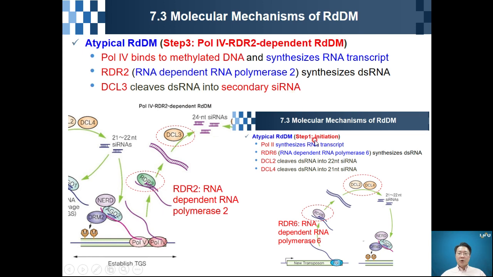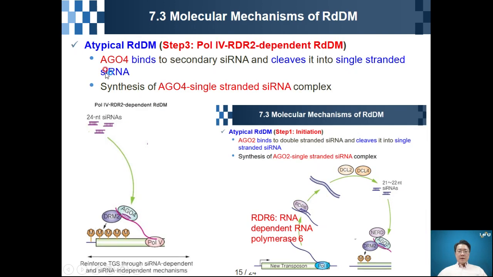So in step 1 they made the primary siRNA, and in step 3 they made the secondary siRNA. Then AGO4 binds to the secondary siRNA and cleaves it into single-stranded siRNA.